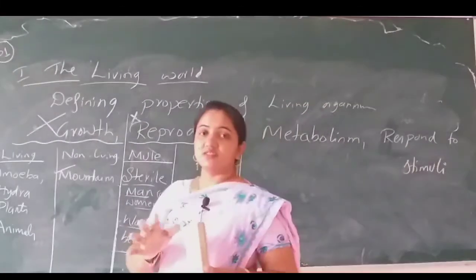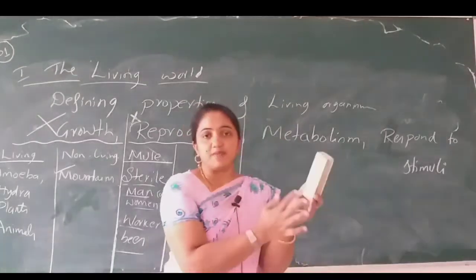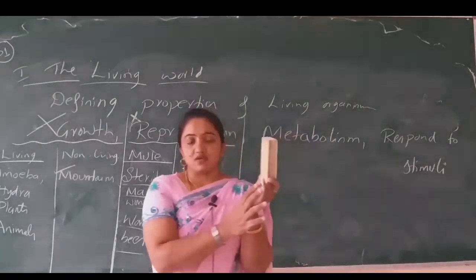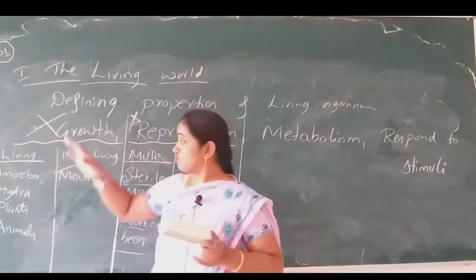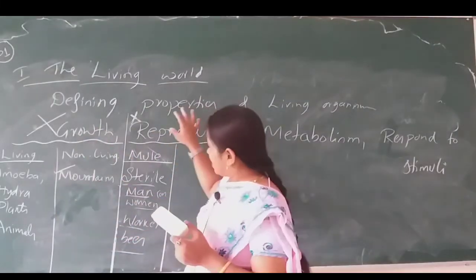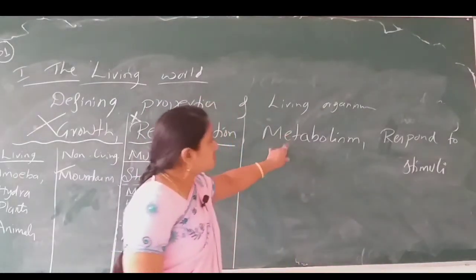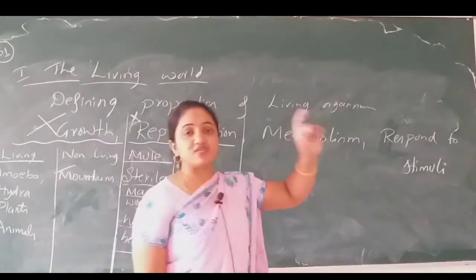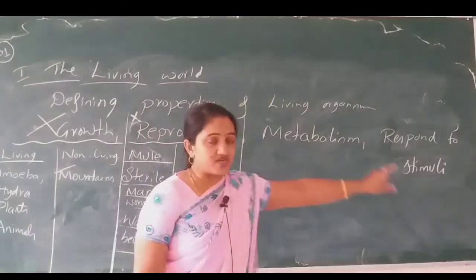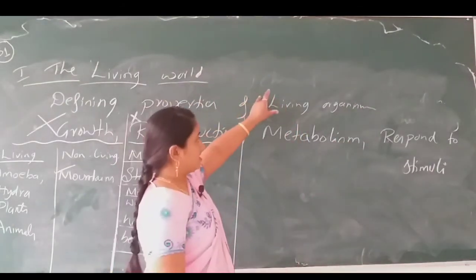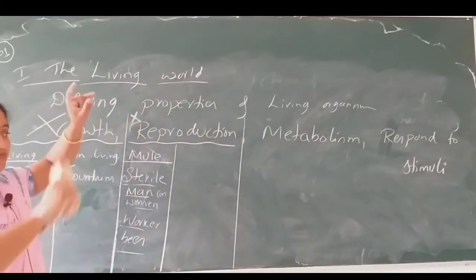Living organisms, in the sense, all the defining properties must be present. All the defining properties means only one we have completed, and reproduction also we have completed. Metabolism should take place, responding to stimuli should be present in the living organism. If all these properties are present in the living organism, then we can call it a reliable one.